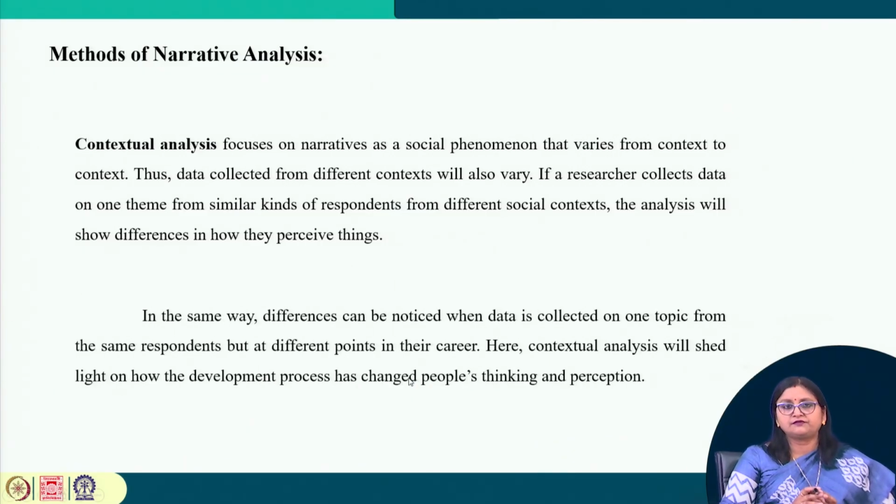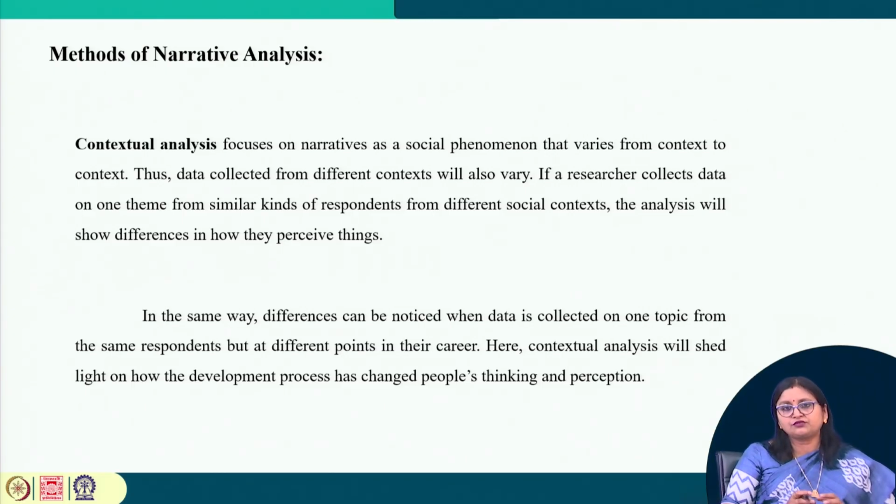In the same way, differences can be noticed when the data is collected on one topic from the same respondent but at different points in their career. So, their thought process changes, their personality changes, the scenario changes, the environment changes, the socio-economic background changes. So, their viewpoint also changes.